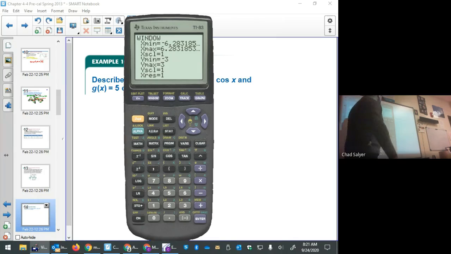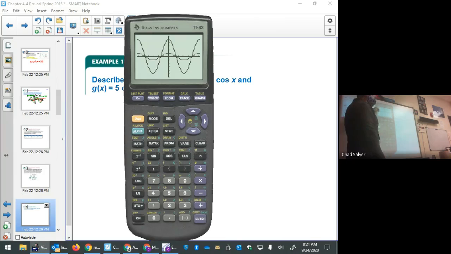You want to go further than the amplitude of the function on your graph. So there's the cosine of x, going up 1 unit and down 1 unit, and here's 5 times the cosine of x. Shares the zeros, but the amplitude is increased from 1 to 5.